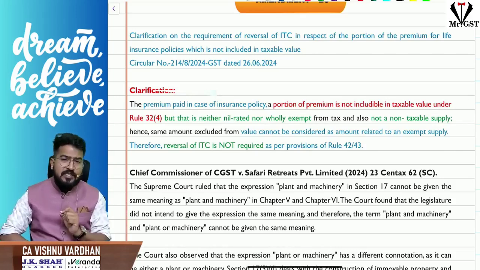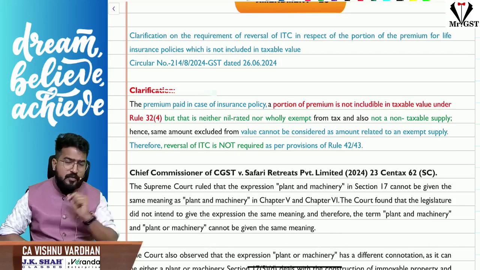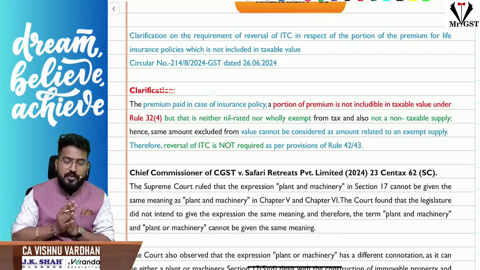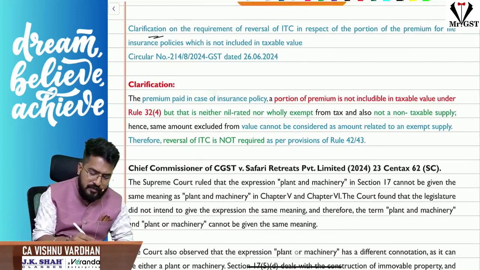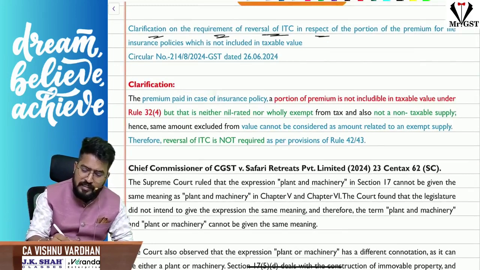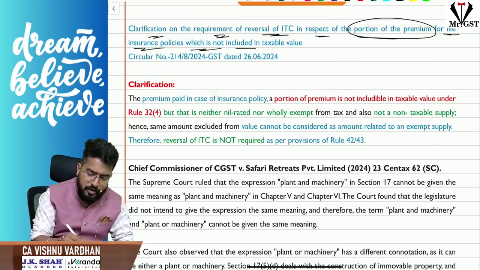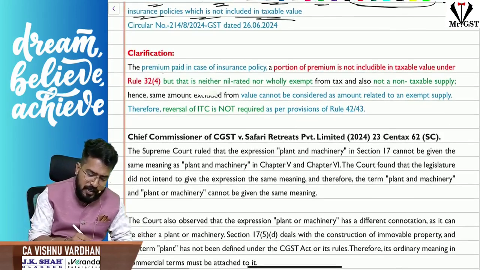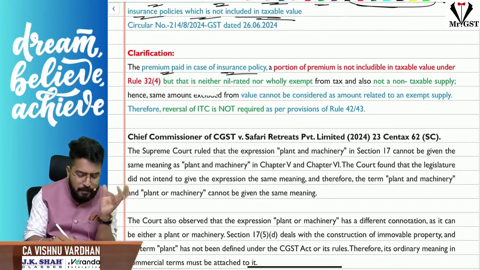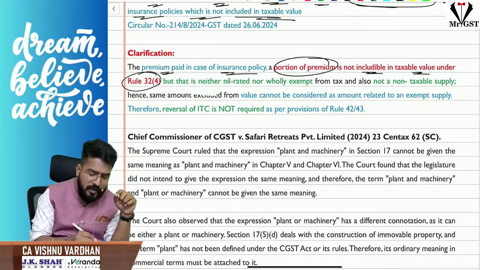Now the doubt is, should we reverse ITC because of this under rule 42 or 43? That was the doubt. Now there is a clarification regarding this. The clarification is on the requirement of reversal of ITC in respect of the portion of the premium for life insurance policies which is not included in the taxable value. Understand, some portion of the premium is not included in the taxable value. That is because of the valuation rules.